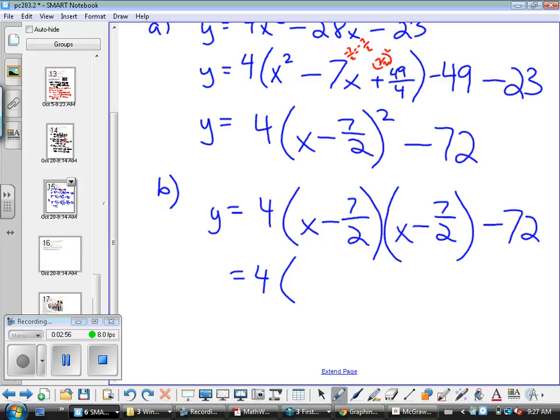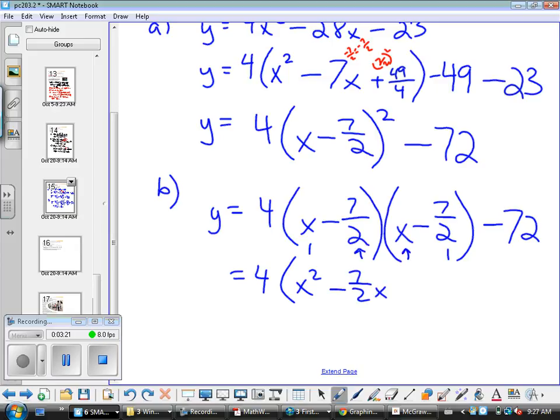First terms becomes x squared, in FOIL, and then the next thing is the O, so outside terms, that's negative 7/2 x.